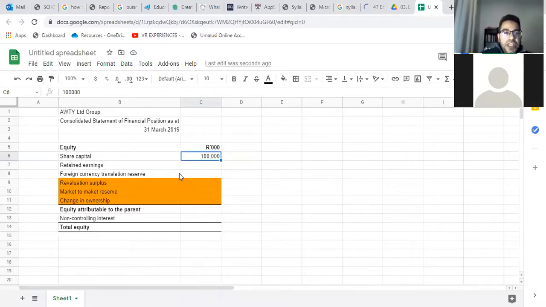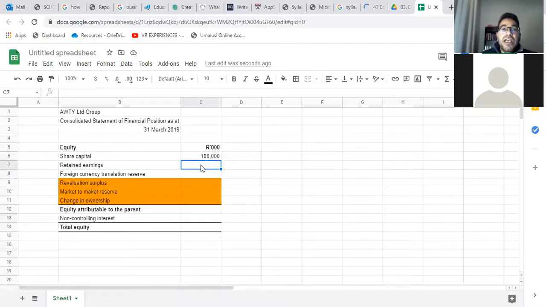So to get the foreign currency translation, we're going to have to set up the analysis of equity. The non-controlling interest will come from the analysis of equity, and then we're going to have a retained earnings calculation. Remember, the retained earnings, what does it represent?